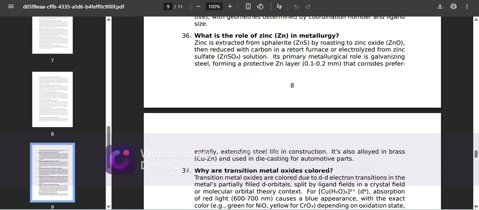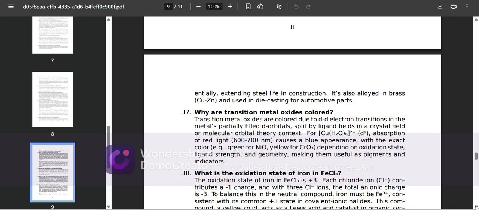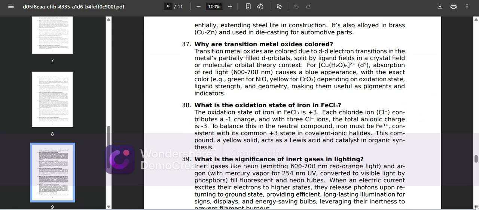Its primary metallurgical role is galvanizing steel, forming a protective zinc layer 0.1 to 0.2 millimeter that corrodes preferentially, extending steel life in construction. It's also alloyed in brass, CuZn, and used in die casting for automotive parts.